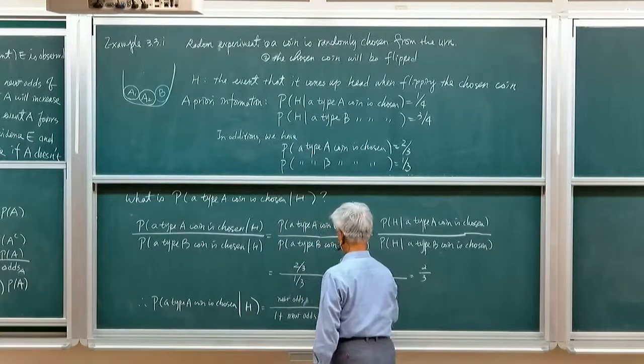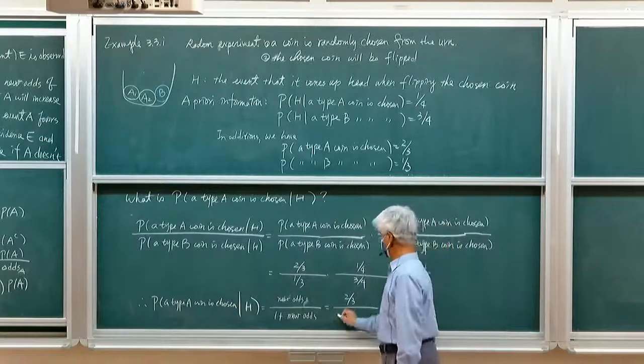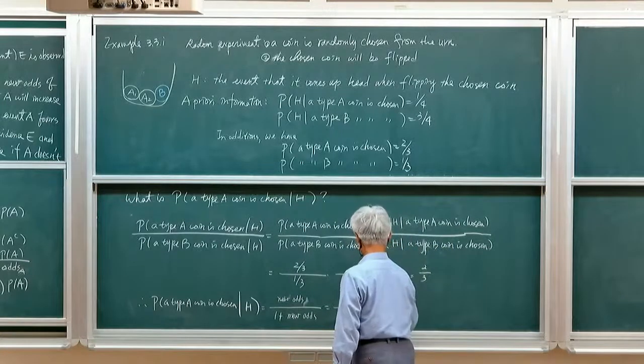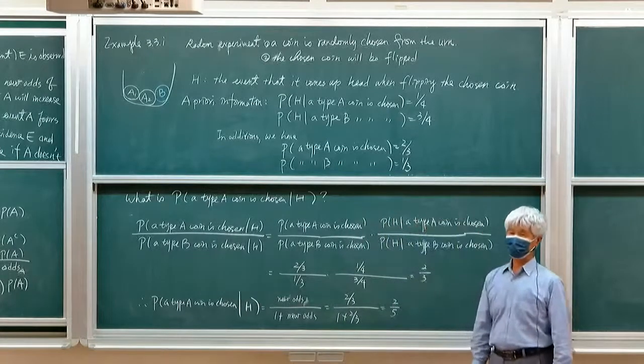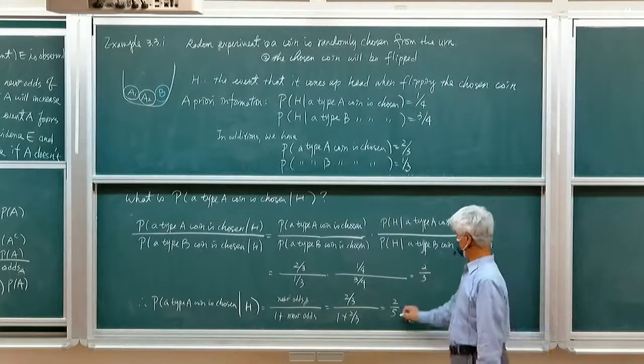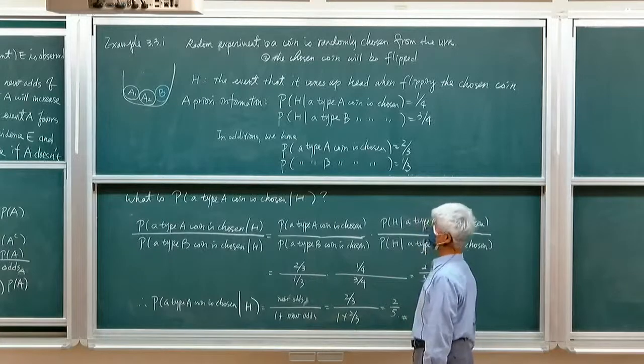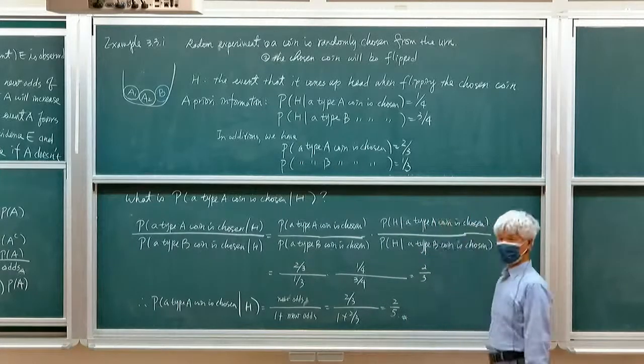Okay, so this is (2/3) over (1 plus 2/3), so that it's 2/5. Okay. Any questions?